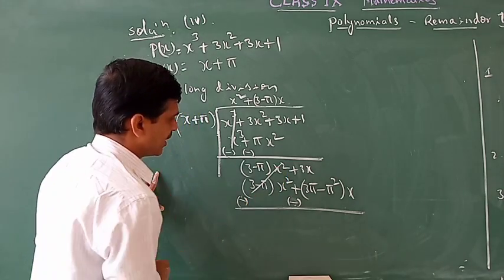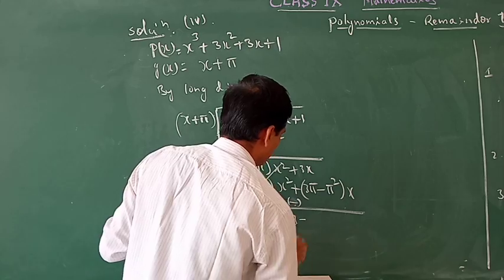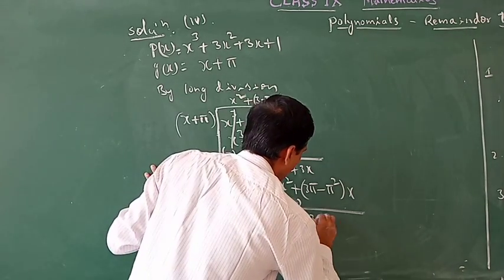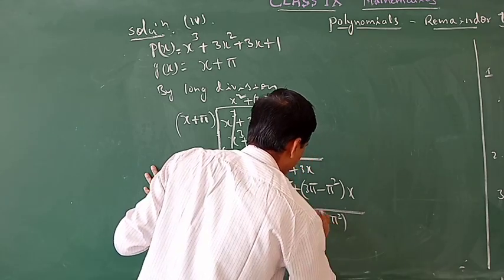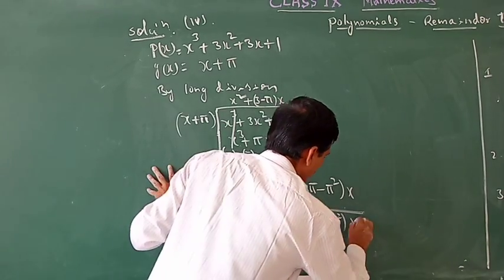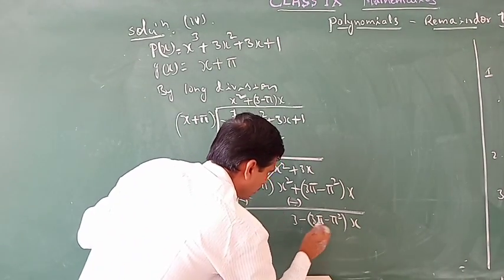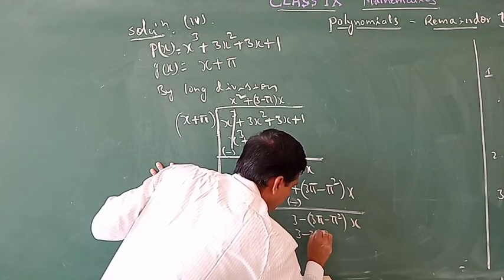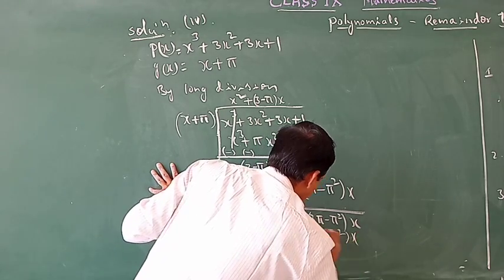So this is eliminated, and the next term is 3 minus 5 square, with x common. Suppose you want to open the bracket: it becomes 3 minus 3 into 5 minus 5 square into x.